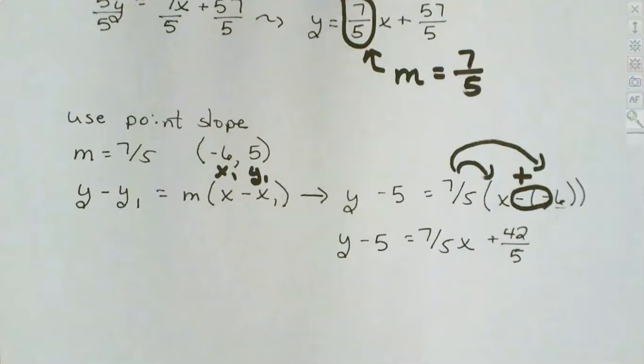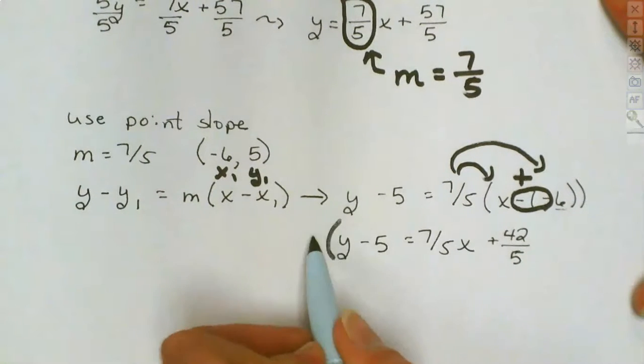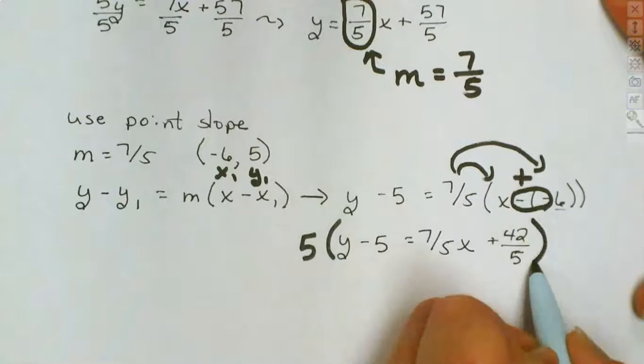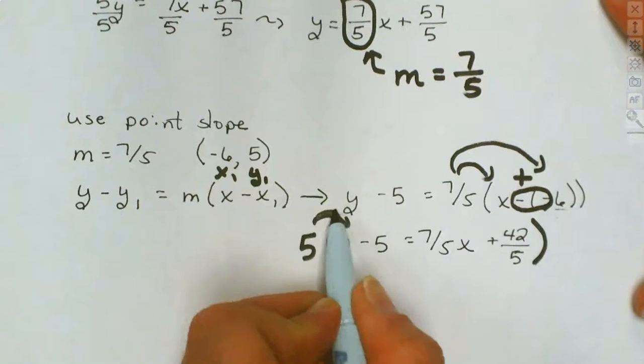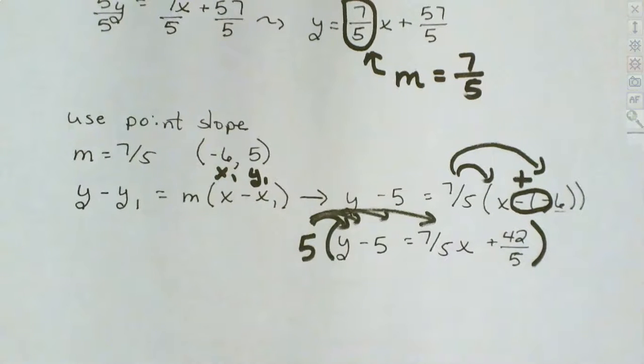Now, we want to go ahead and get this in slope-intercept form. And the easiest way to do that is to go ahead and clear the fractions. So to clear the fractions, we've got a 5 in the denominator. So we multiply everything by a 5. And this is another place where students make a mistake.